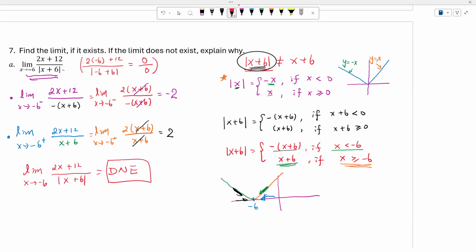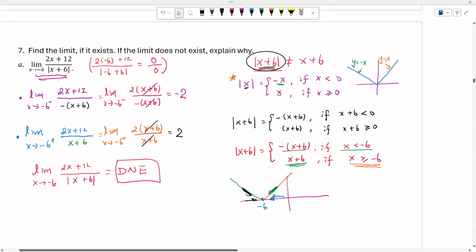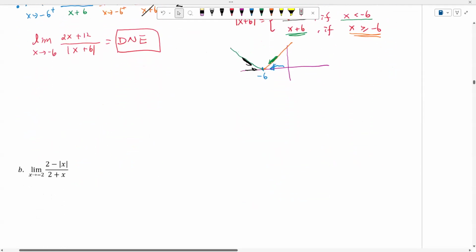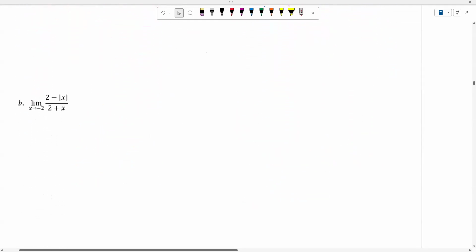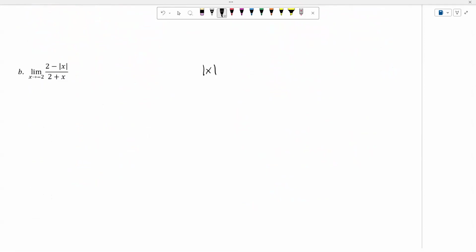Okay, so now let's see if you could use this idea right here to help you work with part B. So for B, again, I'm going to start with the absolute value of x.